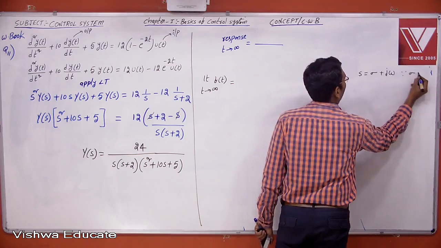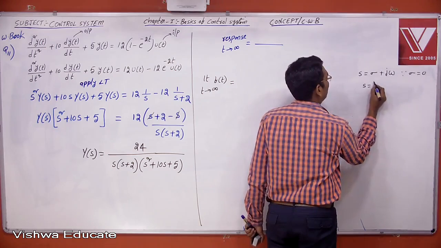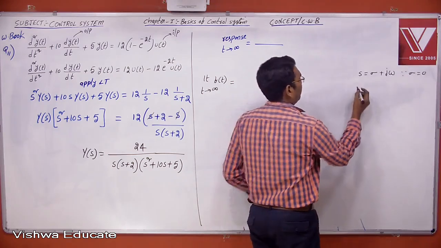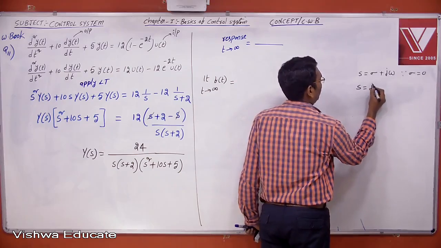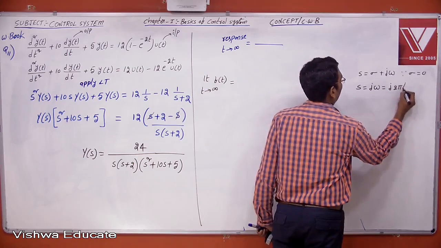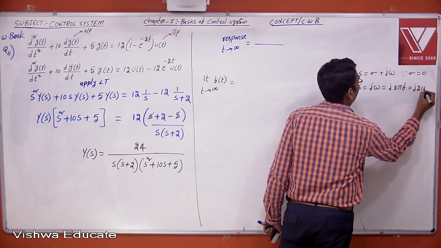Assume real part equal to 0. If you assume real part equal to 0, s equal to j omega. If s equal to j omega, omega equal to 2 pi f, and we can write like this, j 2 pi f.